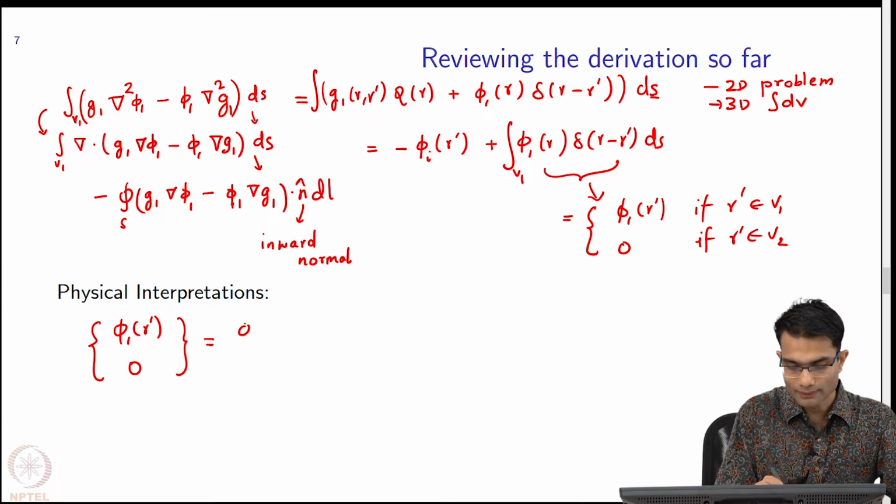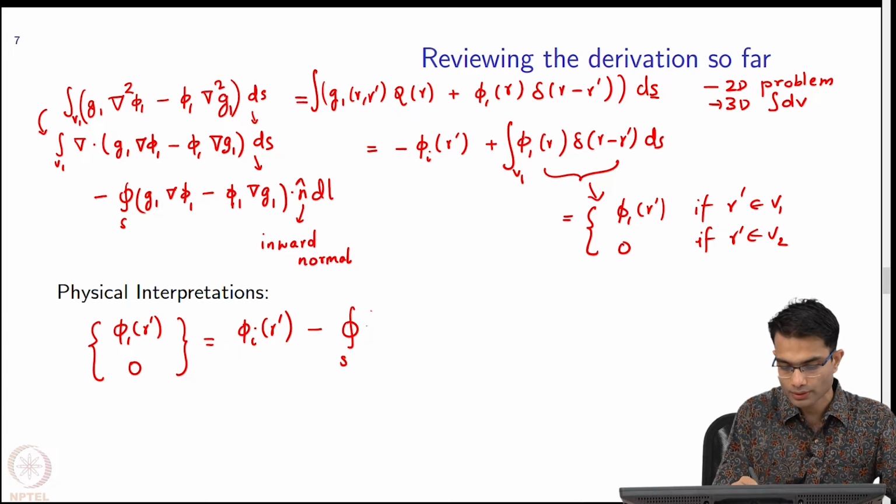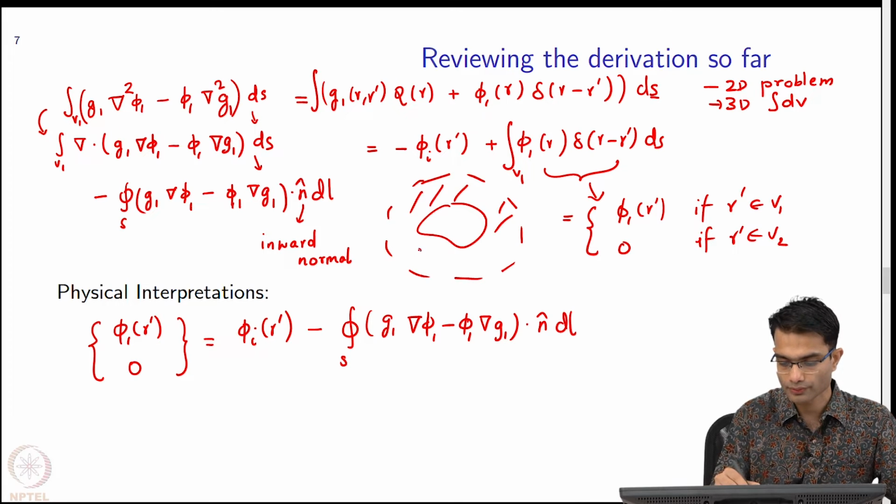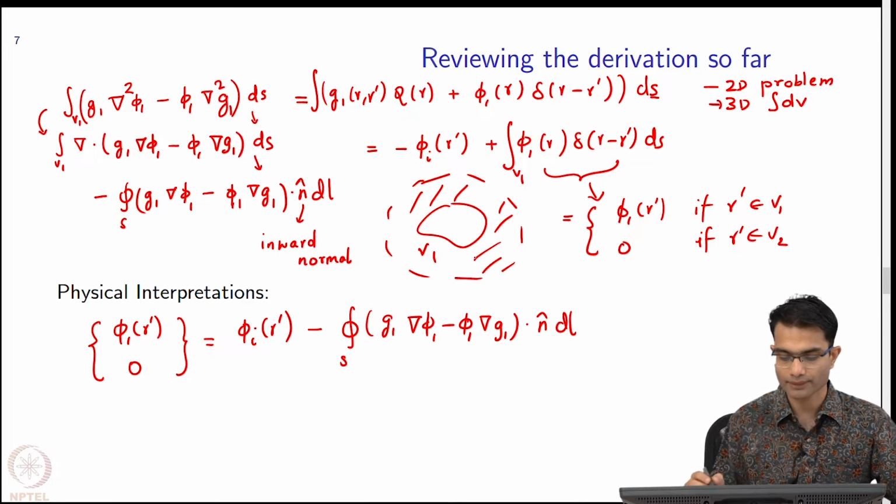So phi incident I will take on the other side, r prime, and this other term remains as it is: g1 grad phi 1 minus phi 1 grad g1 dot n hat dl. And remember, this was over this volume over here, V1, that's where I was integrating.